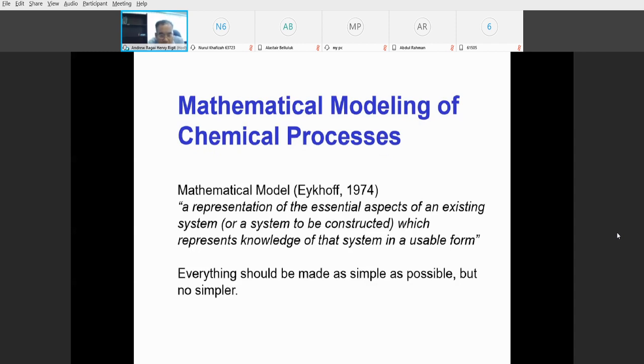So everything should be made as simple as possible, but not simpler than that, because remember in the lecture last week, when we develop the mathematical model, we need to come up with certain assumptions.